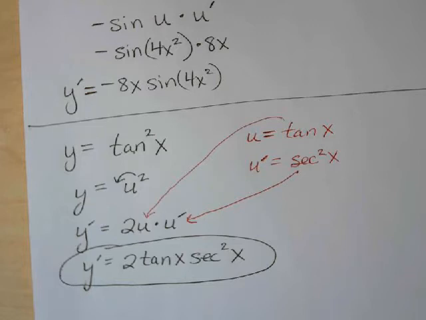I could rewrite it as y equals cosine of u. Then y prime is the derivative of cosine, negative sine of u, times u prime. And u is 4x squared, and the derivative of that is 8x. That should be it.